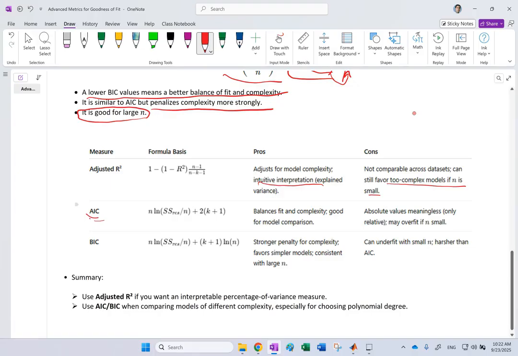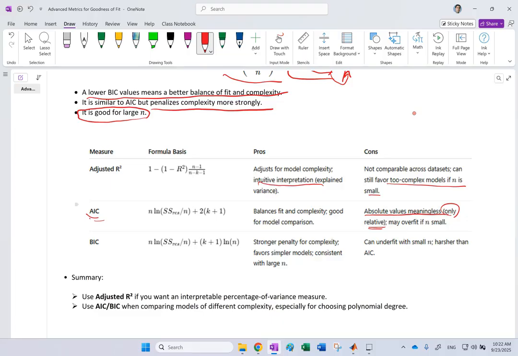AIC, as you could see, does show a better minimum. They are negative numbers, and their absolute values are not necessarily meaningful. It's the relative position that matters, and the number that is the most negative is the one that is the best.